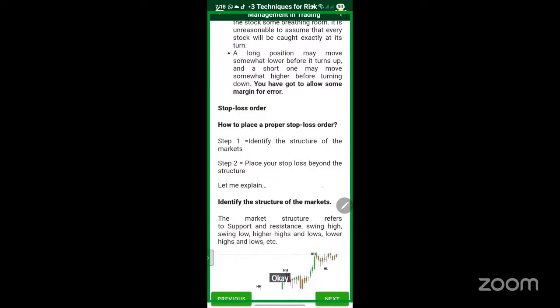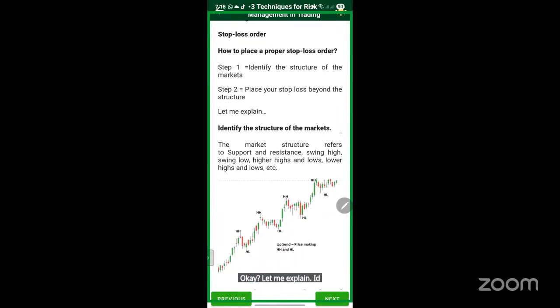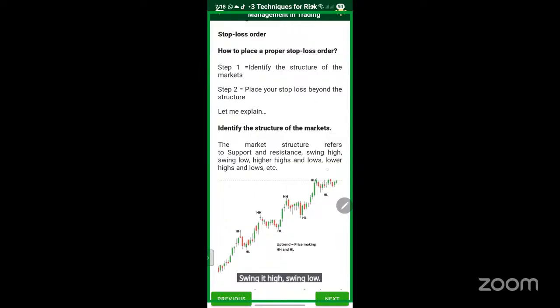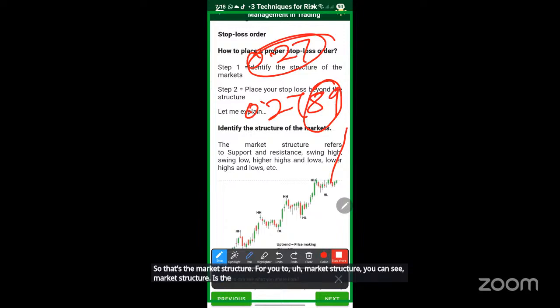Okay, let me explain. Identify the structure of the markets. The market structure refers to support and resistance, swing high, swing low, higher highs, higher lows, lower highs, lower lows. Okay, so that is the market structure. For you to see market structure, you can see if the market is moving up or moving down.